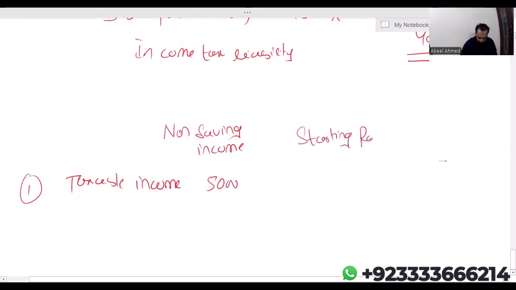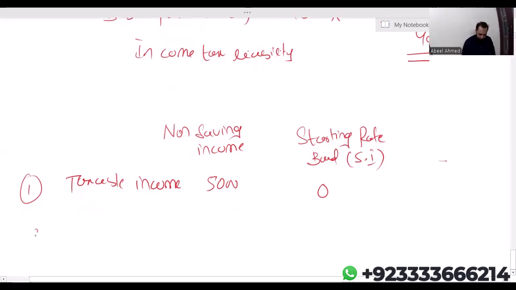Okay, now listen to me carefully. If taxable income in the column of non-saving after deducting the personal allowance is either 5,000 or more, you will not get any starting rate band. 0.